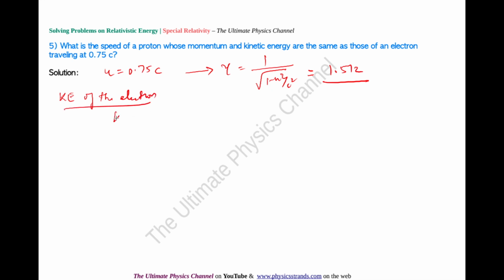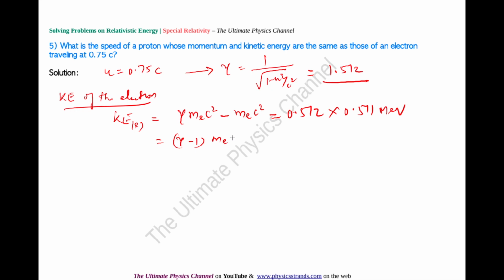That is Ke, or K with suffix e, for the electron, which is gamma times the mass of the electron c squared minus the rest mass energy of the electron c squared. I'm computing gamma minus 1 directly, because this expression can be written as gamma minus 1 times MeC squared.